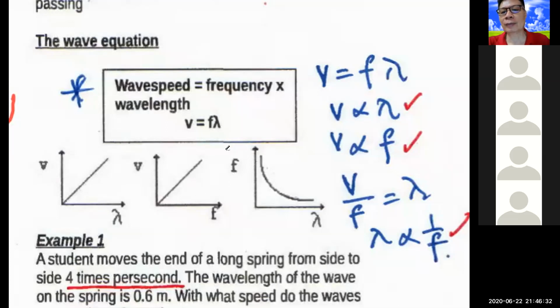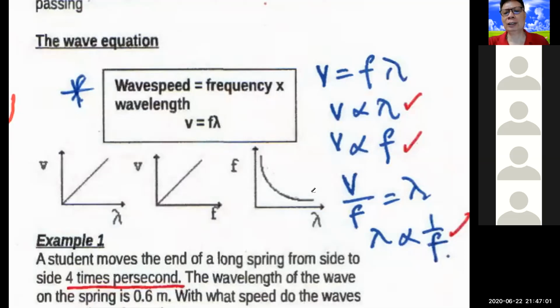Then, the frequency and lambda relationship. From this formula, when you bring the f over, you see lambda and frequency are inversely proportional. See, lambda is up here, frequency at the bottom. So they are inversely proportional. Lambda is inversely proportional to frequency. So you see the graph is inversely proportional.